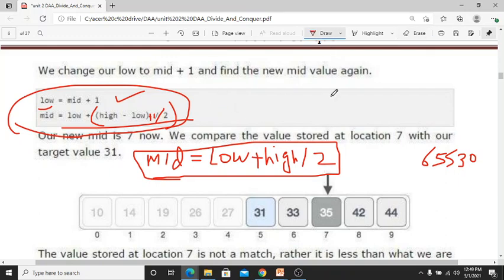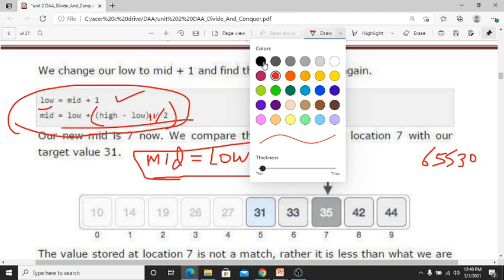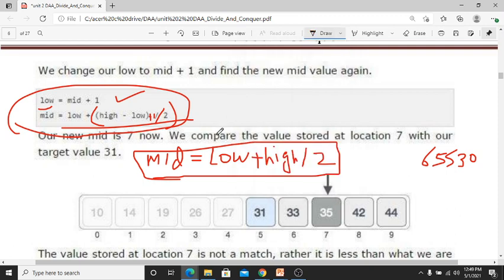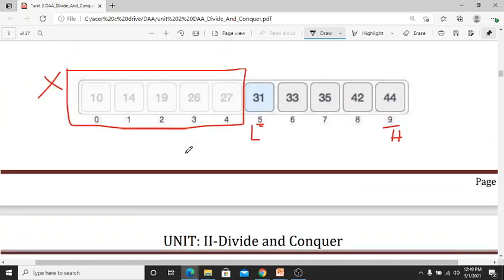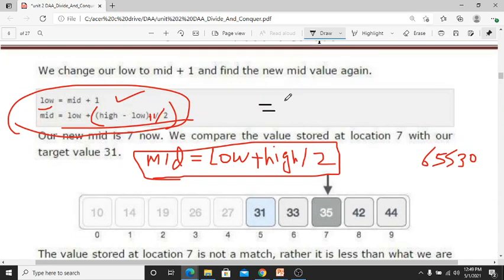So now here, mid is equal to low. What is our low now? Low is 5, plus, what is our high? 9, divided by 2. 9 plus 5 is 14. 14 by 2 is 7.